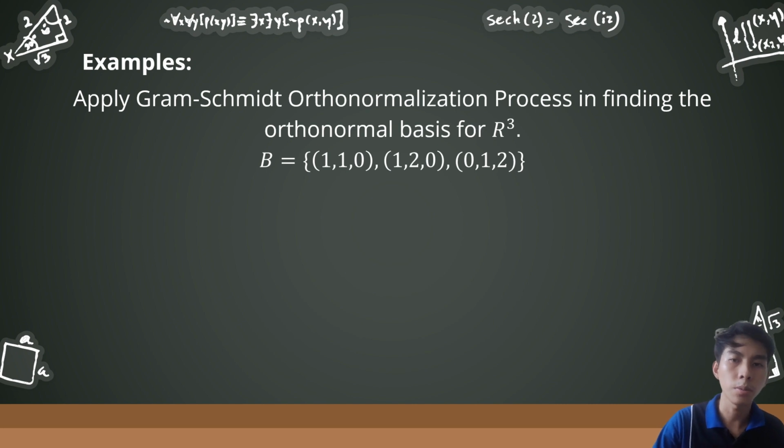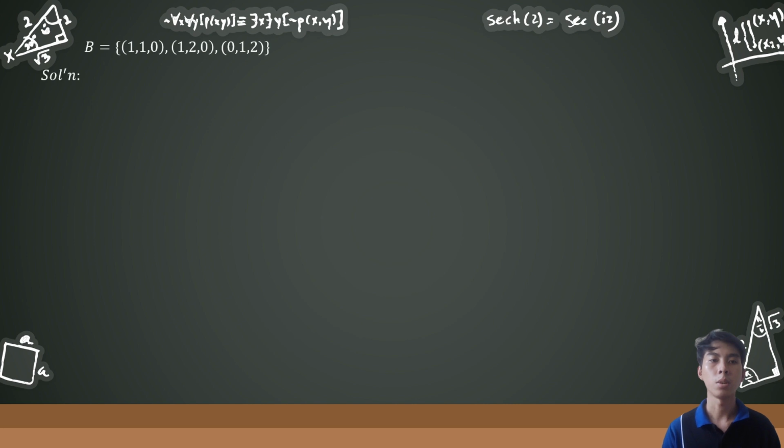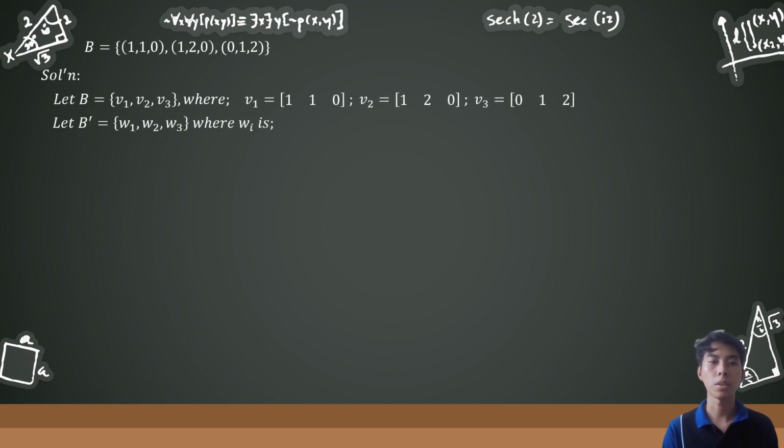For our solution, we simply use the Gram-Schmidt process. We let B be a set of vectors v sub 1, v sub 2, and v sub 3, where v sub 1 is the vector (1, 1, 0), v sub 2 is the vector (1, 2, 0), and v sub 3 is the vector (0, 1, 2).